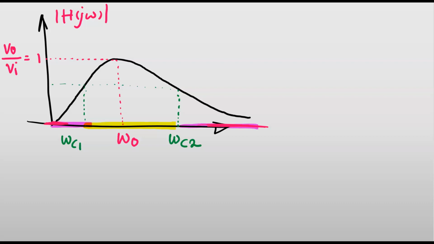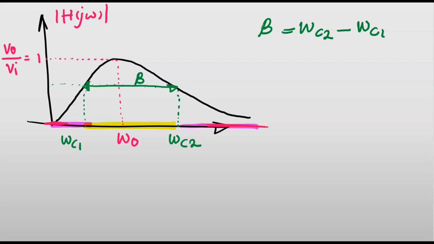This particular range from omega C1 to omega C2 is called my bandwidth, which I'm going to show by beta. I'm going to write it here. So beta is equal to omega C2, my higher cutoff frequency, minus omega C1, my lower cutoff frequency. And the question is where I can consider my cutoff frequencies.